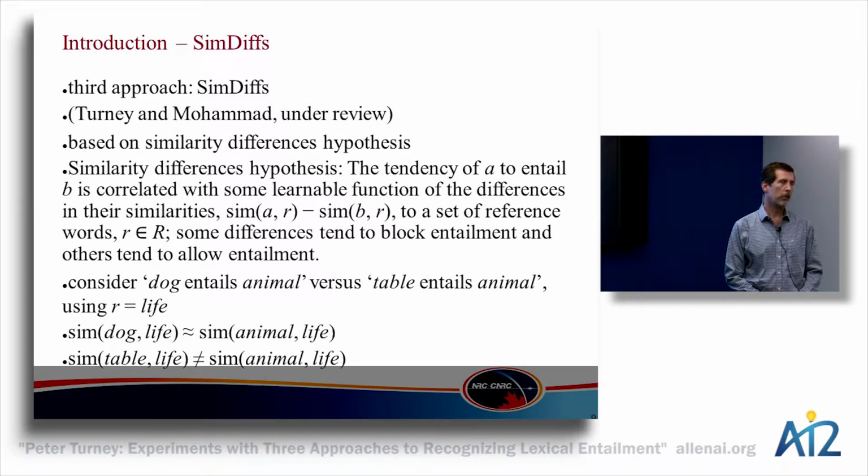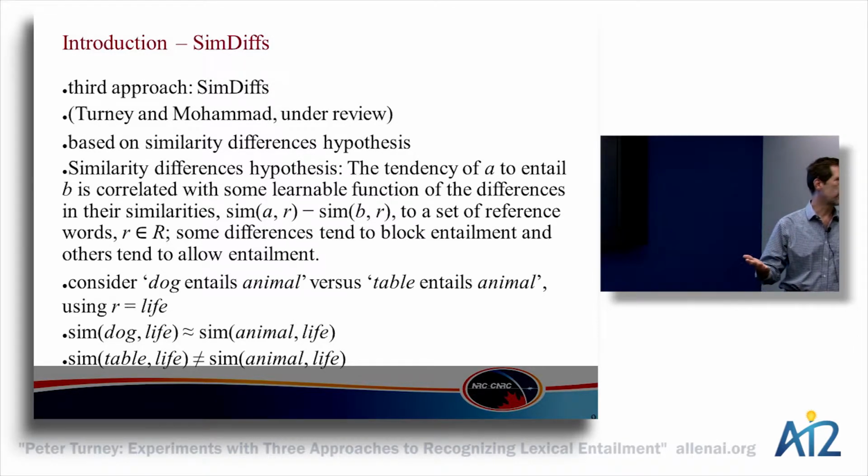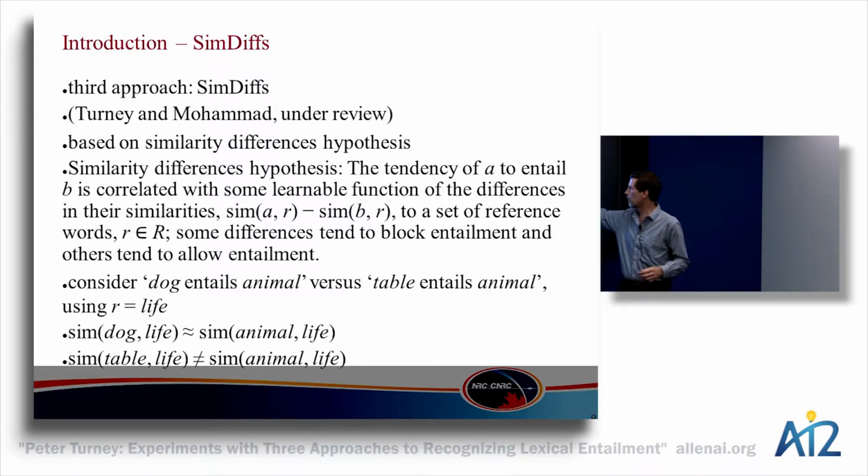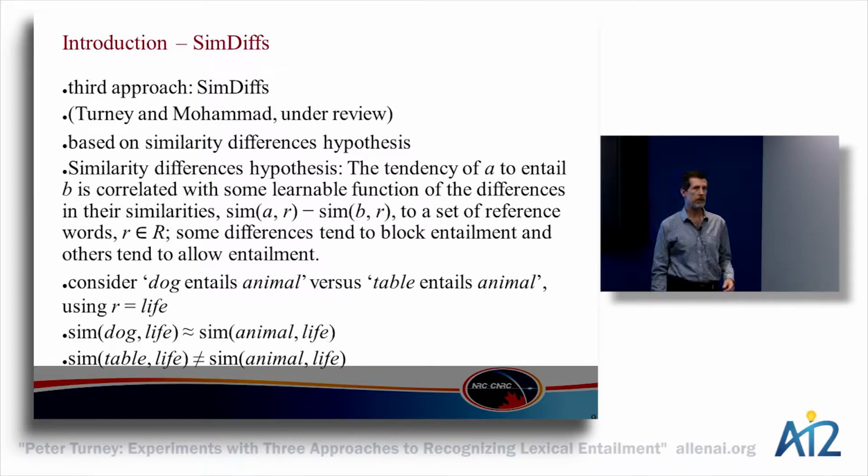Well, no. We're turning it over to a supervised learning algorithm. Each element in this feature vector is a difference of similarity. Capital R here is a set of 2,000 words from Basic English, so this is a vector of 2,000 features. If you flip the order of A and B, you flip the sign of that feature in the vector. So it is sensitive to order.